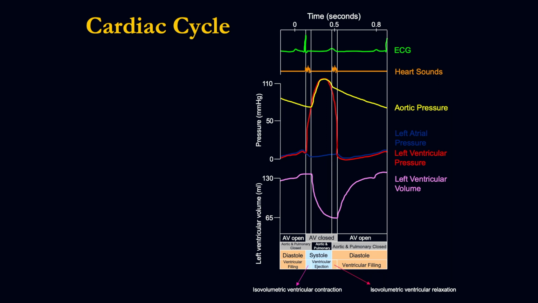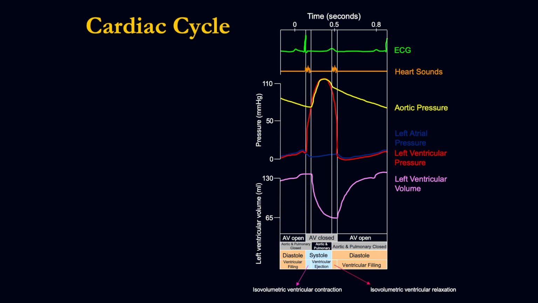The second point I'd like to make is that of left ventricular volume in the third panel of this figure. As you can see in diastole, we have an increase in the volume of blood that fills the heart. During systole, just past the isovolumetric ventricular contraction phase of the heart, you can see that the blood empties very, very rapidly from the left ventricle.